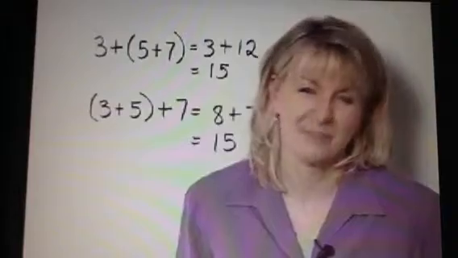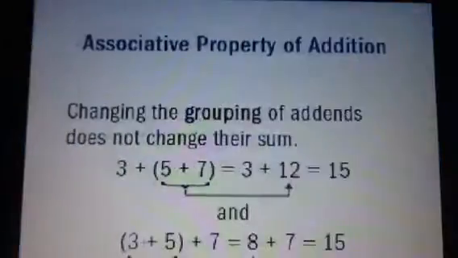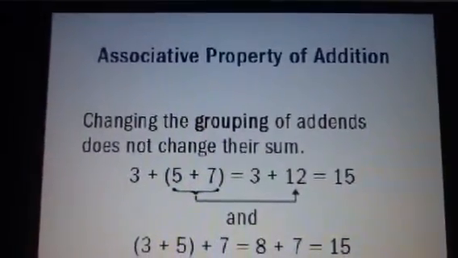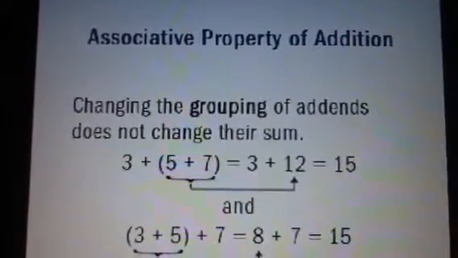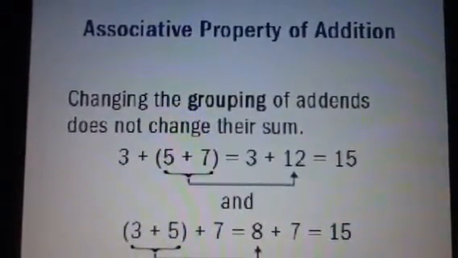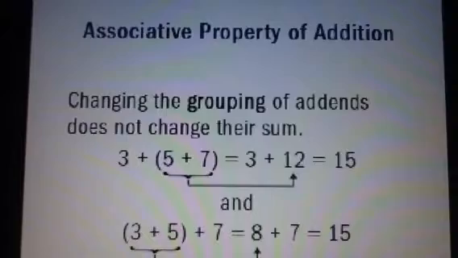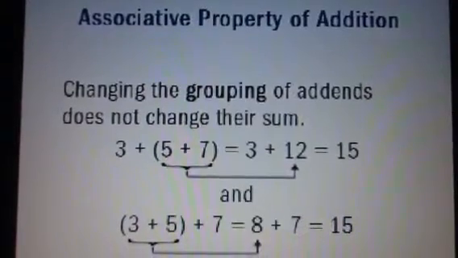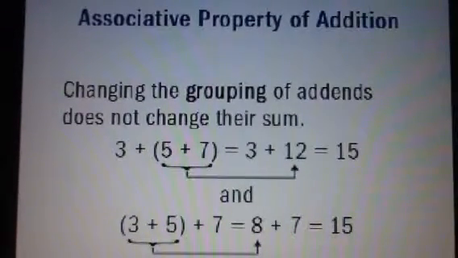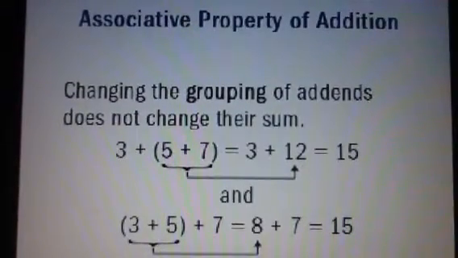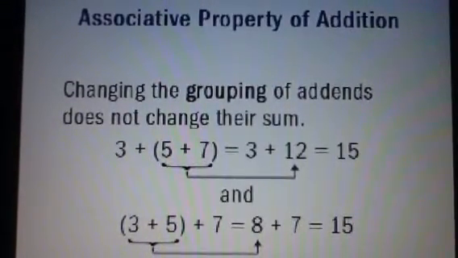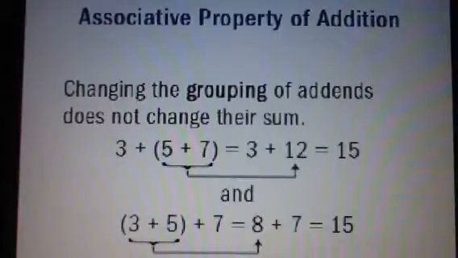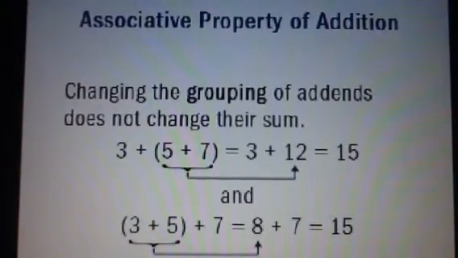Let's look at that property. The associative property of addition: changing the grouping of addends does not change their sum. For example, 3 plus in parentheses 5 plus 7 equals 3 plus 12, which equals 15, and in parentheses 3 plus 5 plus 7 equals 8 plus 7, which is 15.